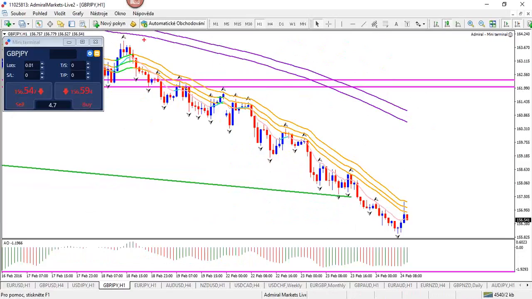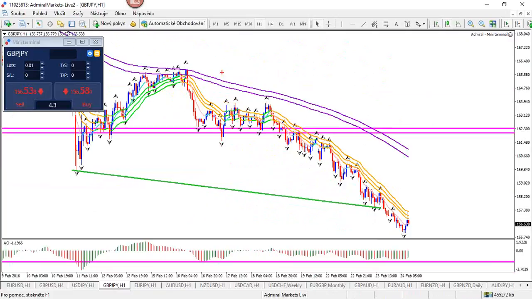The pound yen did have setups here, and here, and here, and here. As you can see, there could have been some 5 setups, perhaps, of which 2 were in the same area. But yeah, oh, here one more, sorry.